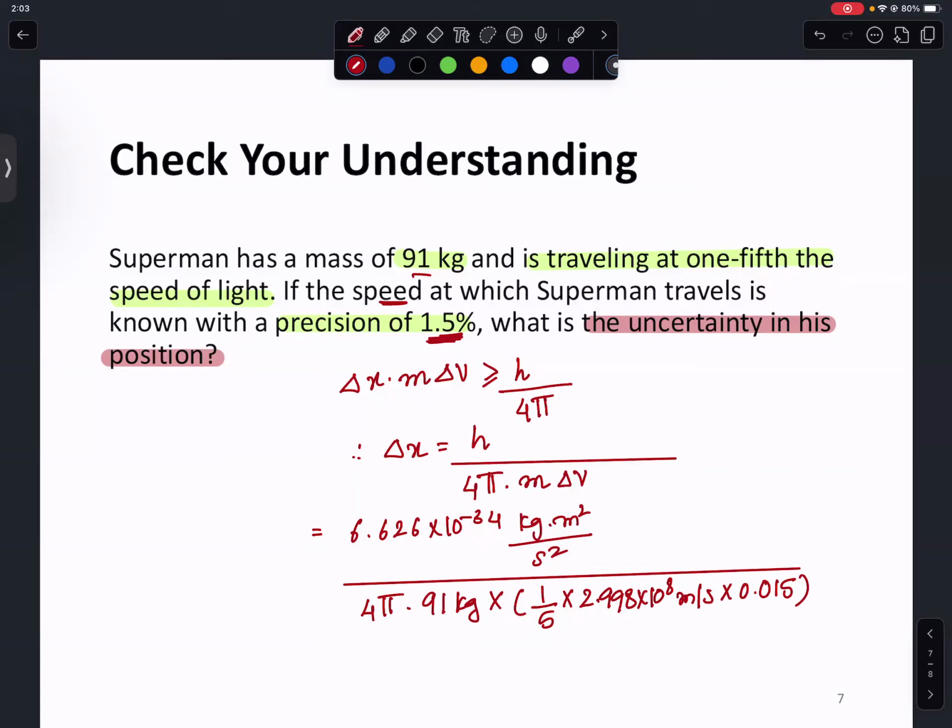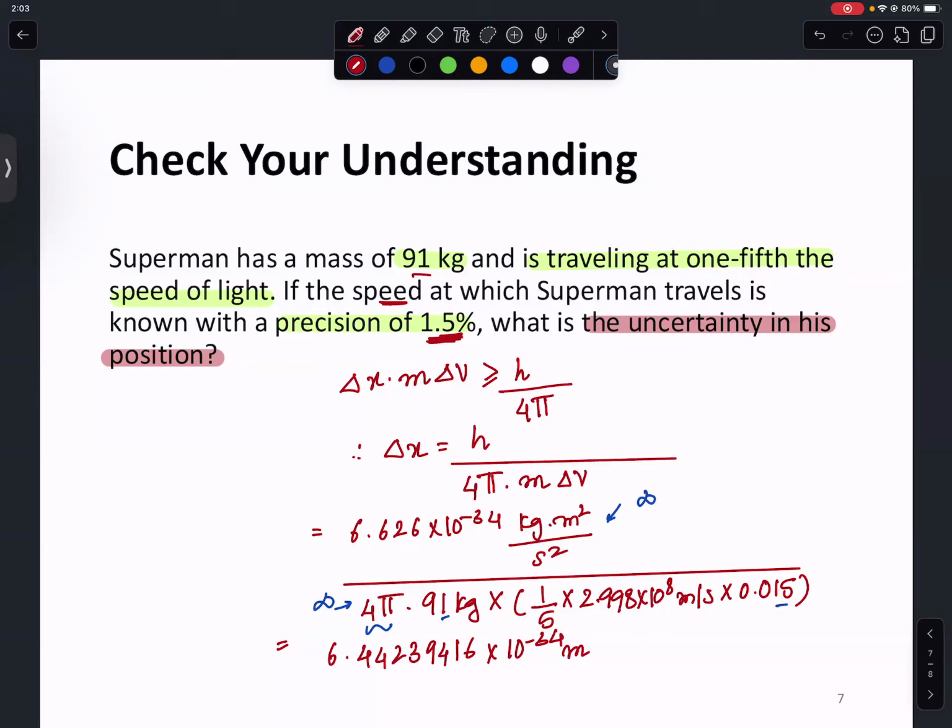Okay, and again, let's track our sig figs. We have here infinite sig figs. This is also infinite. I have here 2 sig figs and 2 sig figs. So my answer should end up with 2 sig figs. So it is 6.44239416 times 10 to the negative 34 meters.